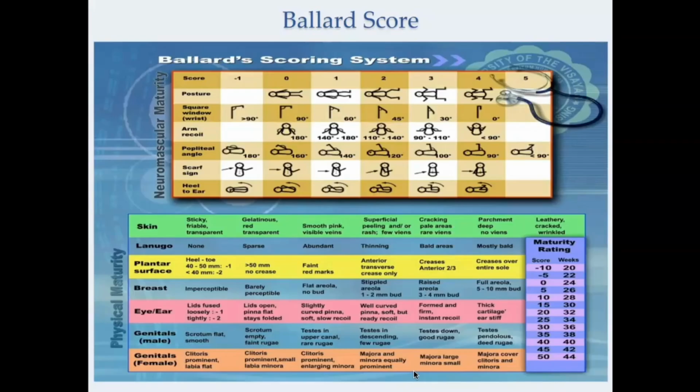They're going to have lanugo that you will see, as well as vernix. Their testes in a male are going to be descended with few rugae, and then you're going to start seeing the labia majora and minora being more prominent. So this is just showing you the different changes from a preterm baby versus a term or post-term newborn.